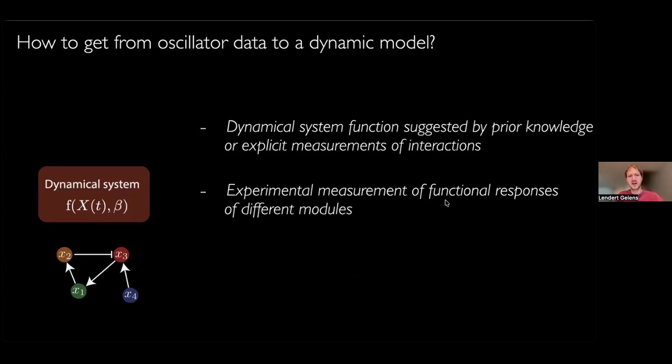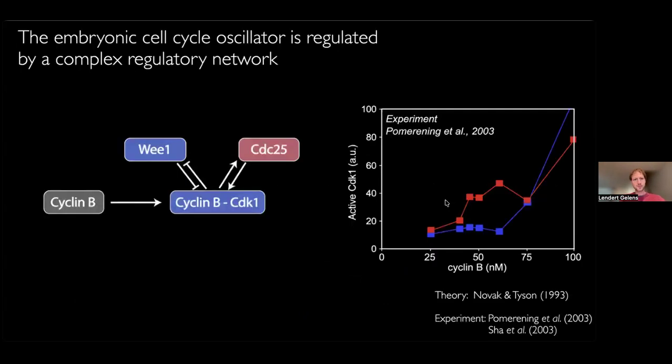So one idea is to not model every molecular detail, but instead measure effective input-output relationships of different modules in that interaction network. We call that functional response curves.